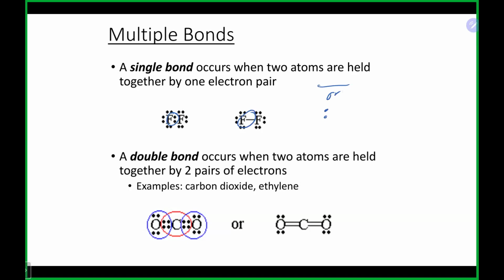Now, sometimes a single bond is not enough to get everybody to the octet rule in that stable situation. And sometimes it does require perhaps a double bond to be formed.